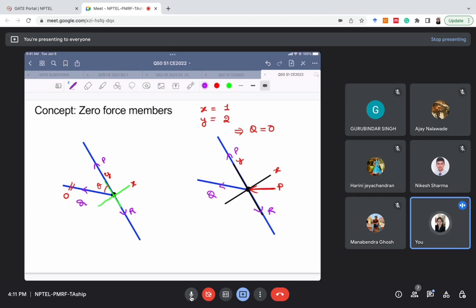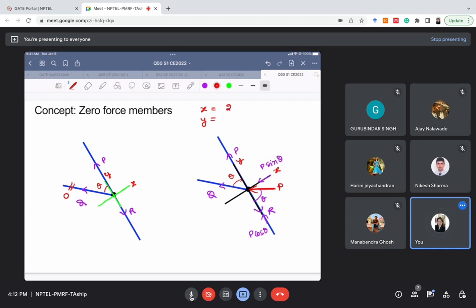Okay. Now the other thing is we will write the number of forces in the x direction. There will be a component of P here. Let's say this angle is theta. So the component of P here will be P sine theta, and the component of P here will be P cos theta. Okay, now the total number of forces in the x direction will be P sine theta plus Q sine theta, that is 2.